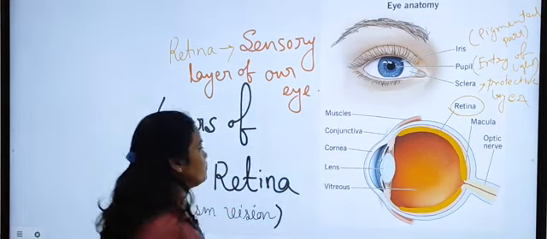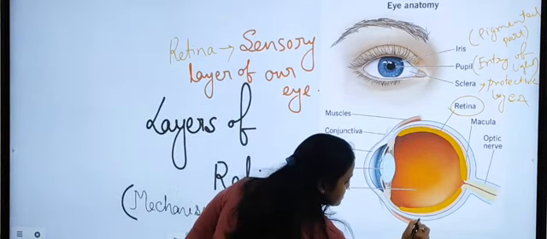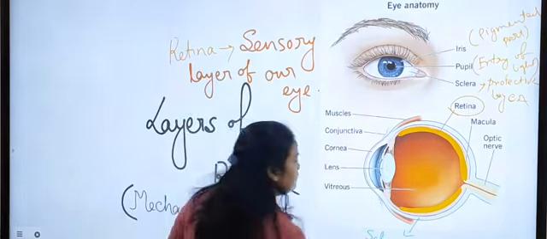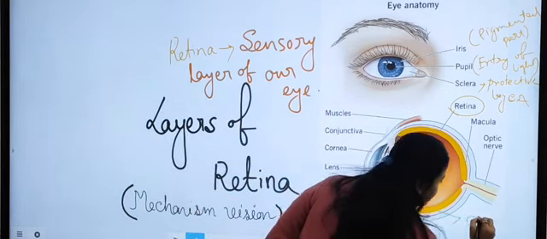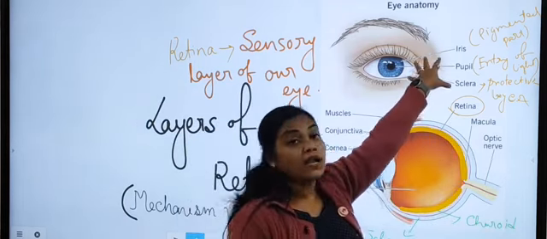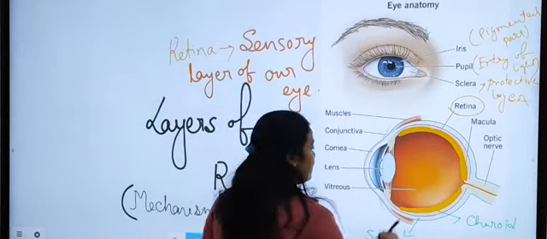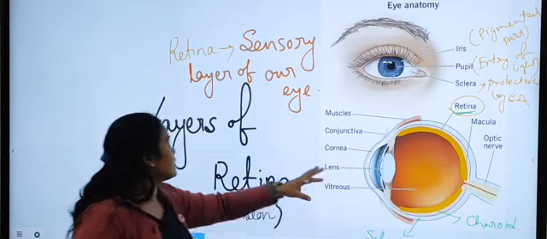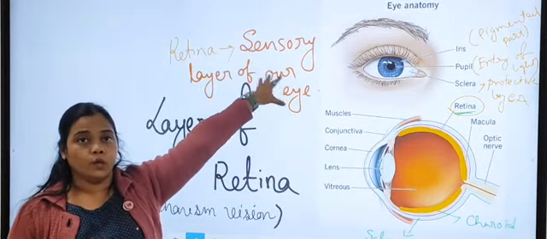Already I have told, the sclera means this part, the protective layer. Then the pigmented layer, that is the choroid, which is actually forming the iris as its extension. And this one is the retina, that is the sensory layer of our eye.